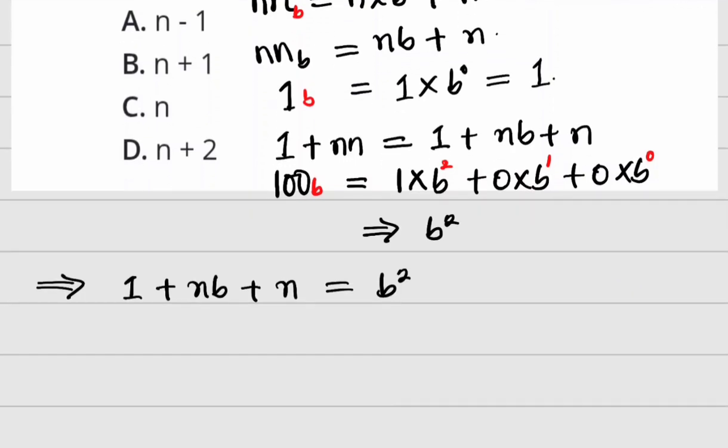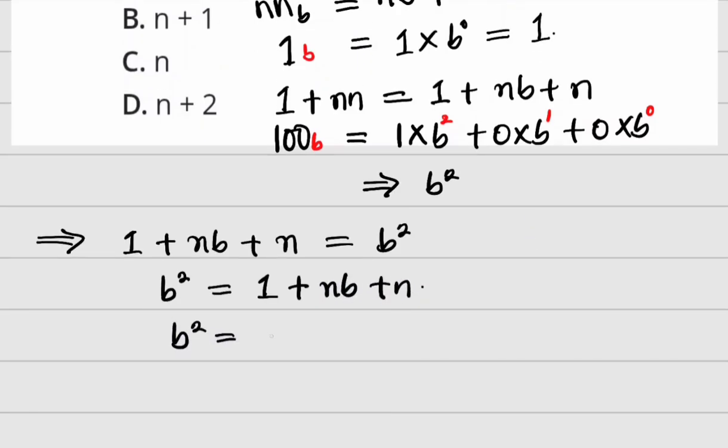So by bringing them together, it forms an equation. From the look of things, b squared can be arranged as 1 plus nb plus n, and we can see that n is common here, so we can factor n, then we have n times b plus 1.